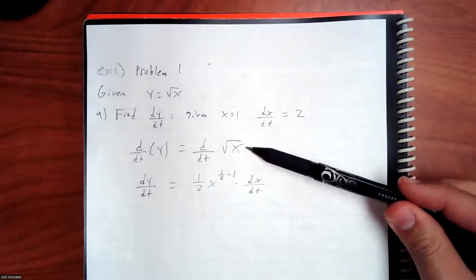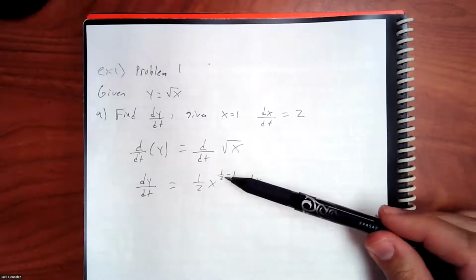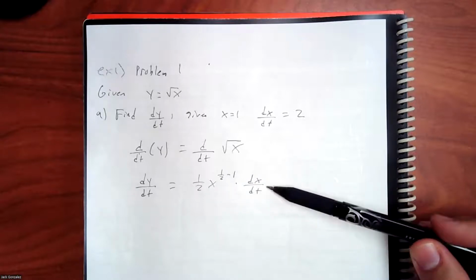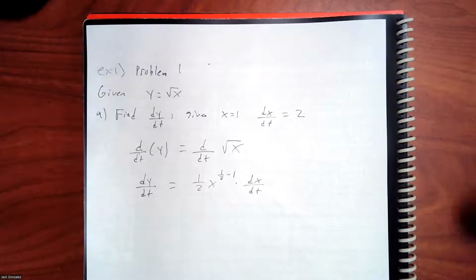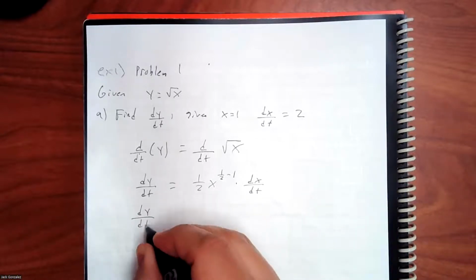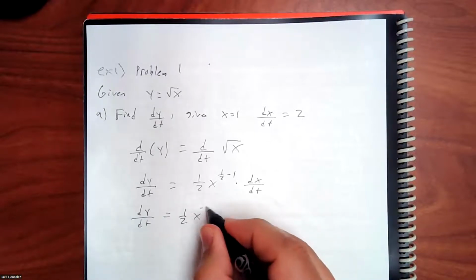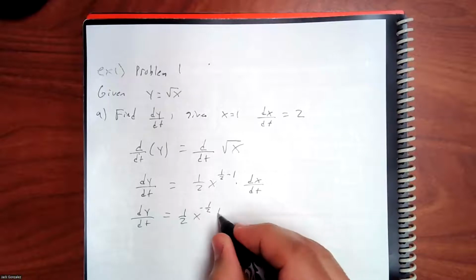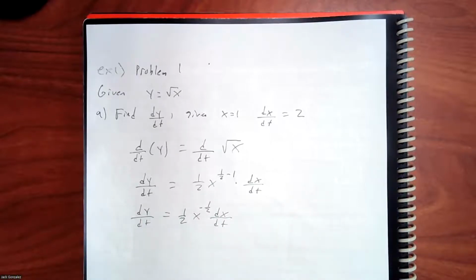This is technically x to the 1/2. So the derivative says bring the half down, subtract 1, and then the implicit says times dx/dt. Is that derivative okay? So far, you guys okay?